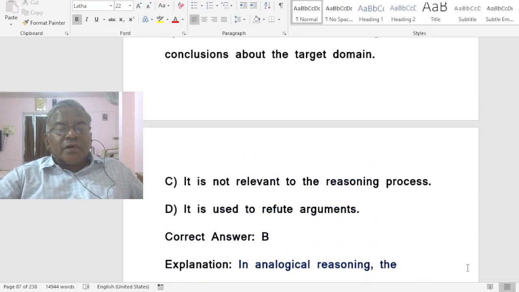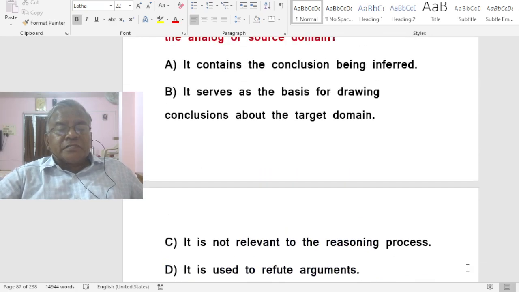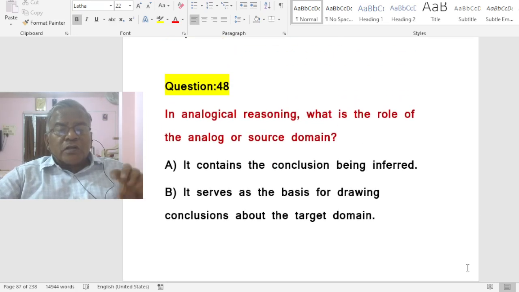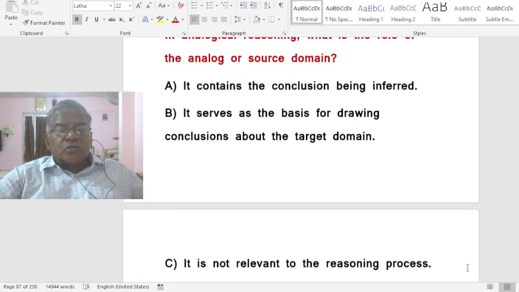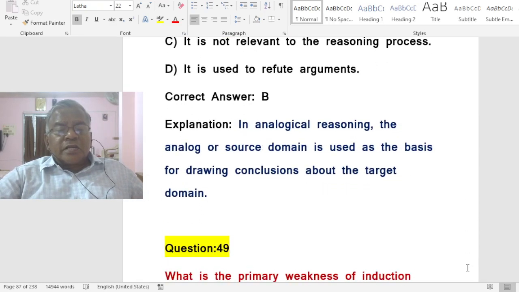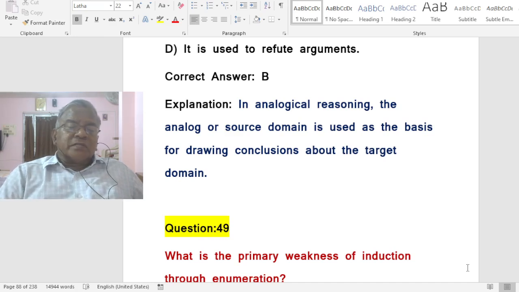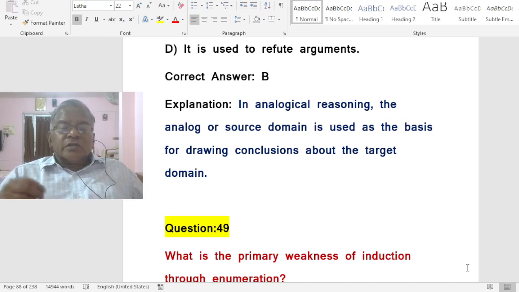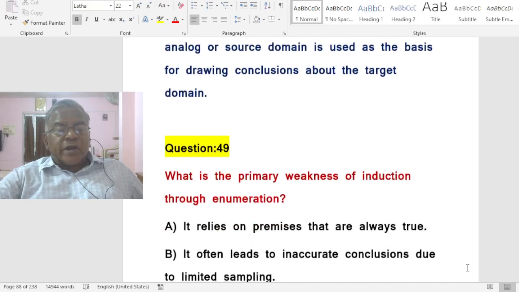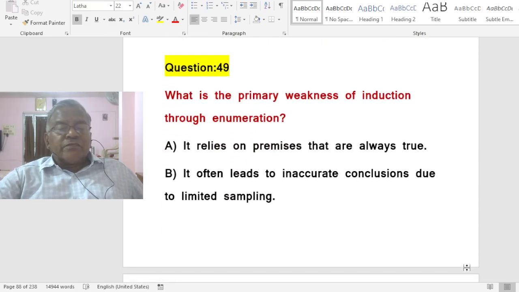It serves as the basis for drawing conclusions about the target domain. In analogical reasoning, the analog or source domain is used as the basis for drawing conclusions about the target domain. What is the primary weakness of induction through enumeration?